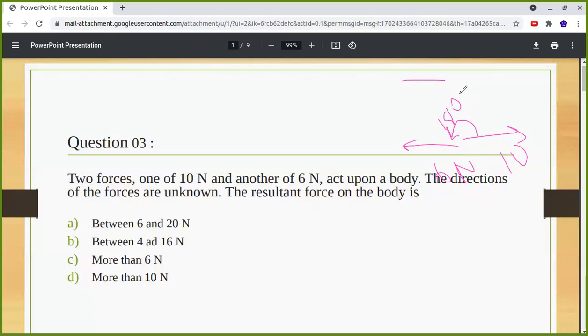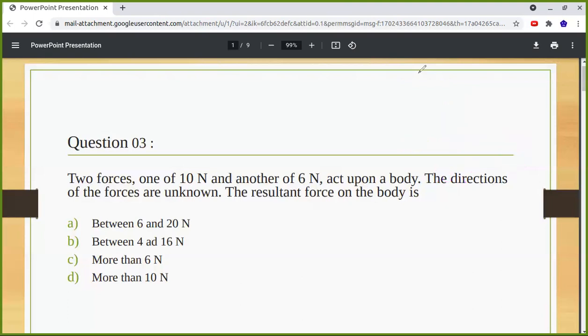If the angle is between 0 and 180, we will get a resultant force between 4 Newton and 16 Newton, because the maximum force we get is 16 Newton and the minimum value is 4 Newton. So the resultant force of these two forces in any direction would be between 4 and 16 Newton. So this would be a simple idea for you.